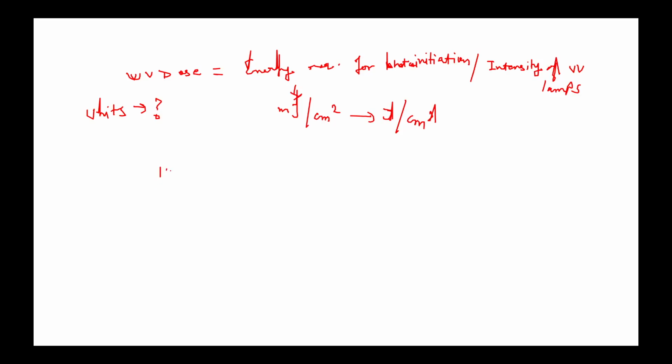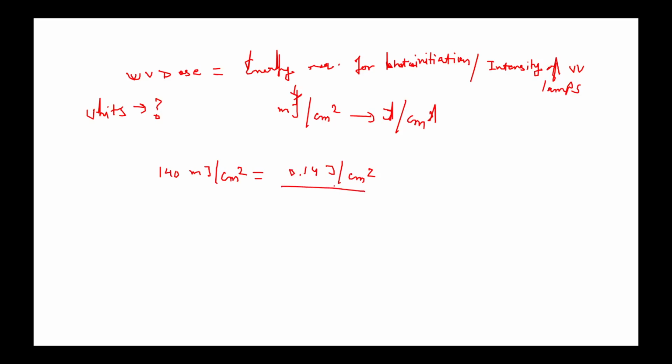Your 140 millijoule per centimeter square, if you divide it by 1000, would be 0.14 joule per centimeter square.